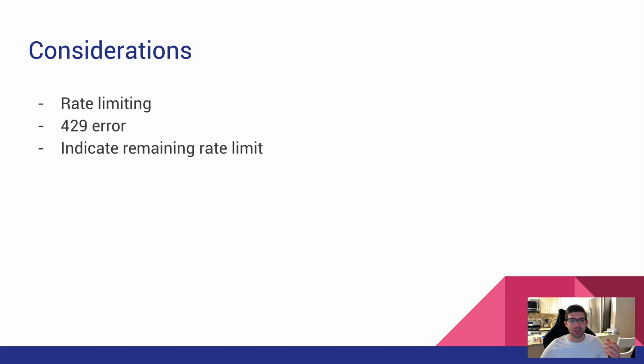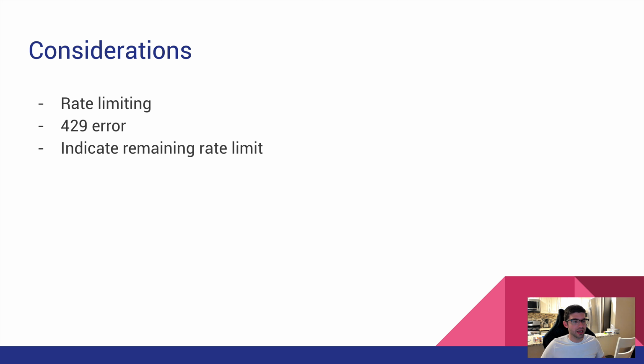We want to have this rate limit so that people can't maliciously attack us and crash our servers by overloading what our system is capable of, which might also end up costing us a lot of money. So we want to have that limit.